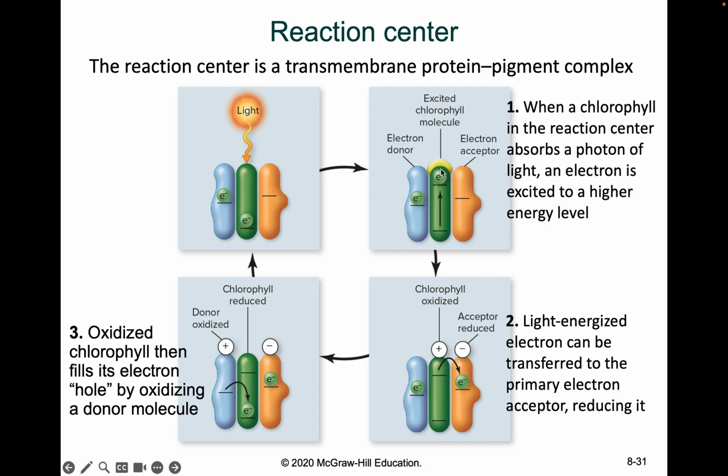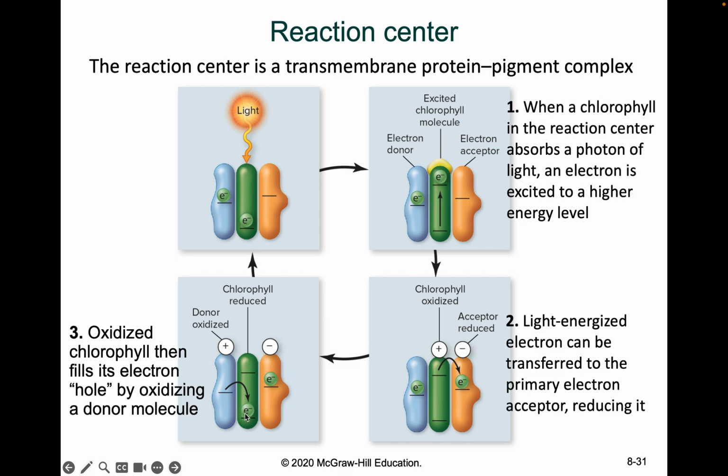You're exciting the electron in chlorophyll A, and that's being passed to an electron acceptor. So this could be, again, guys, these electron carriers. These electron carriers will pick up the electrons, and now suddenly this chlorophyll A has a positive charge because it lost an electron. So this is very dangerous.